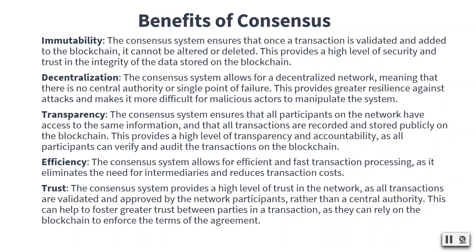This provides a high level of security and trust in the integrity of the data stored on the blockchain, which is important for any financial transaction. As the aim of the blockchain is to make the financial system less centralized, consensus helps us carry that out.